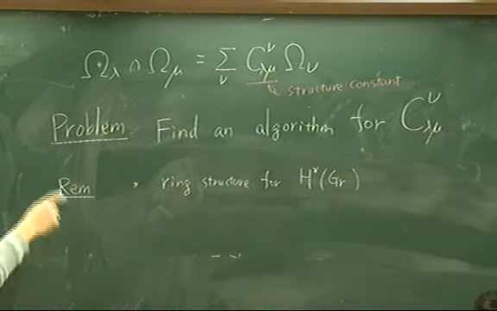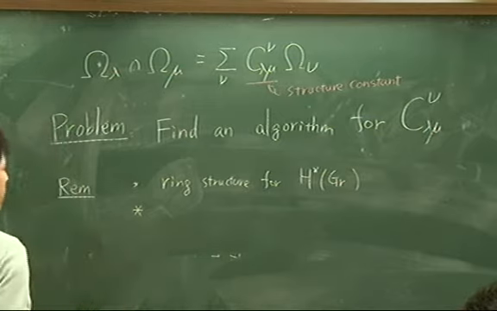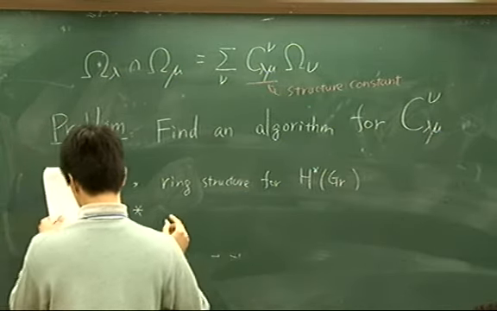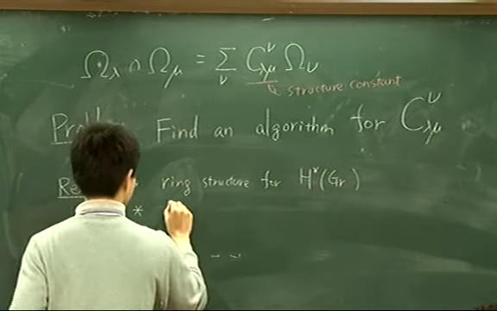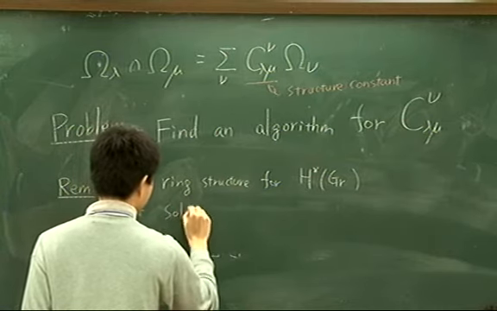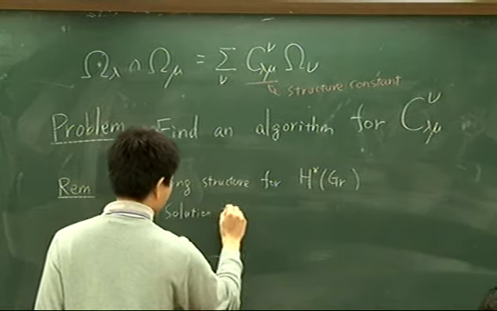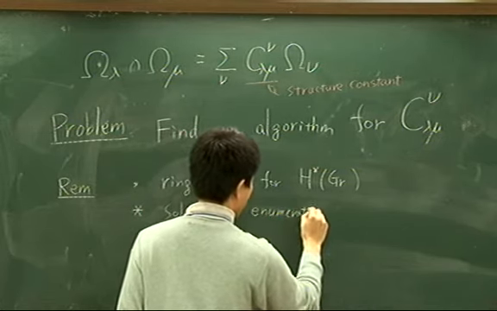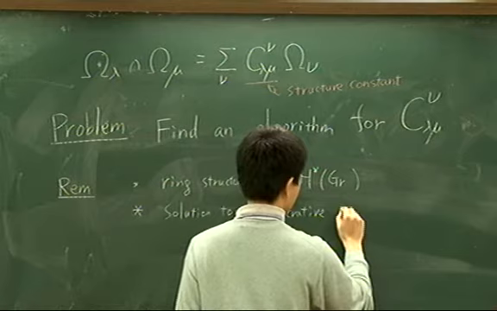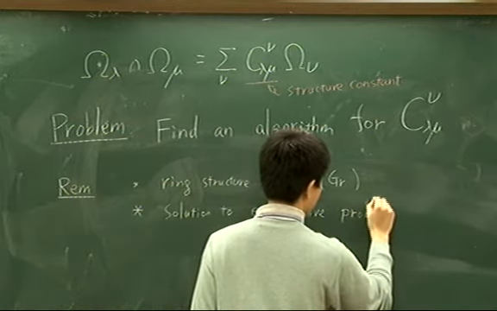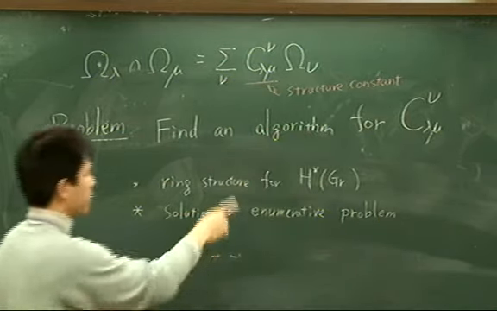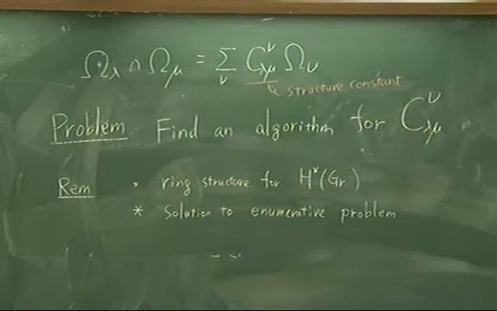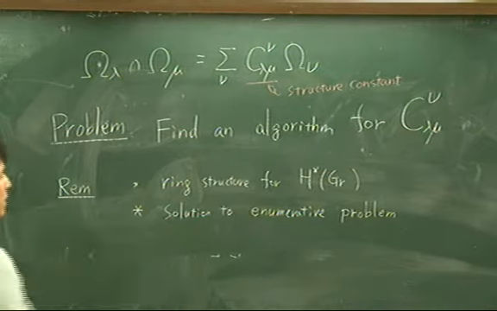So this is a problem in algebraic topology. And the second one is just the motivation of Schubert, counting some number.